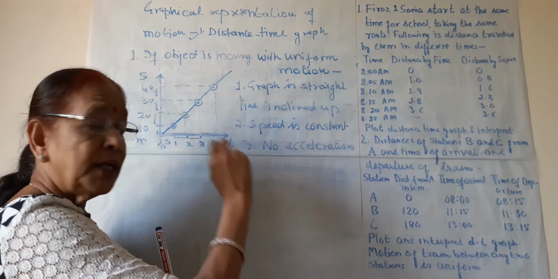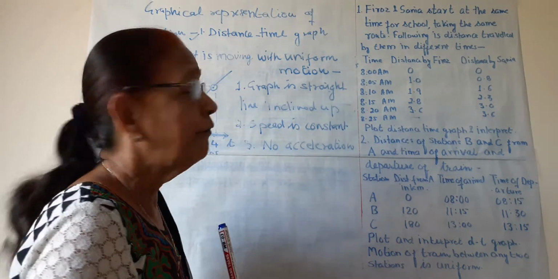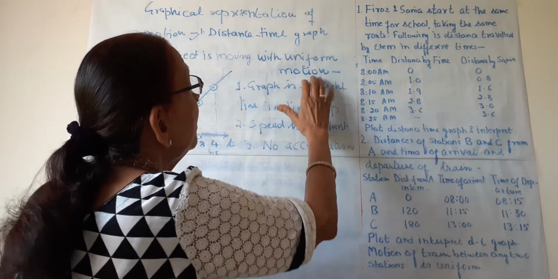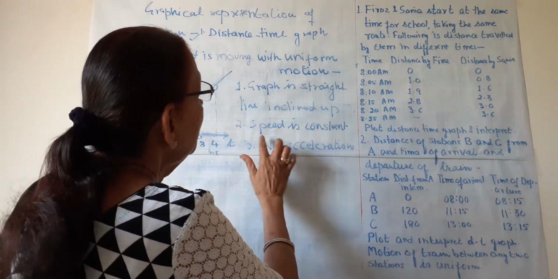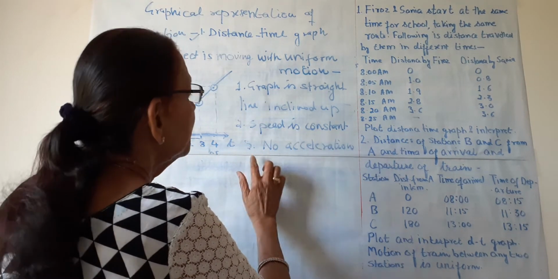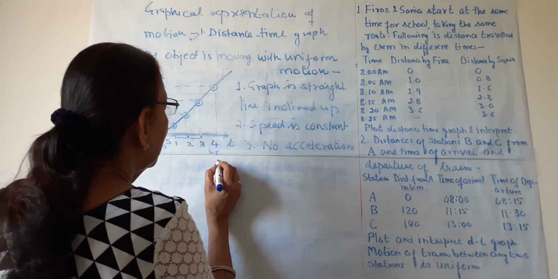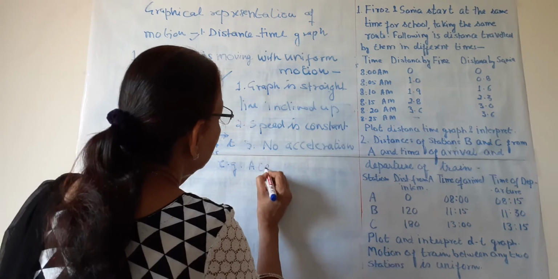When there is a change in speed, then this motion will be non-uniform. So acceleration can only be possible when the motion is non-uniform. So speed is constant, there is no acceleration, and the example is, suppose a car.